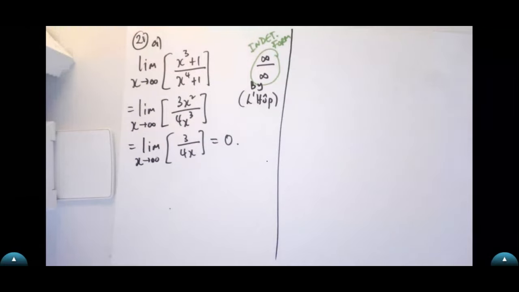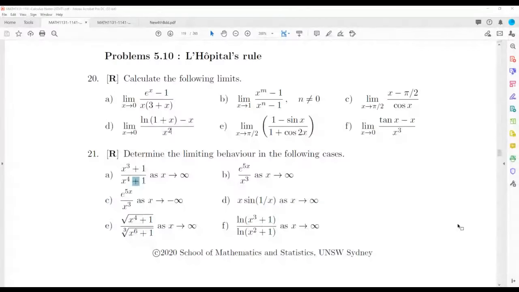Part B. Let's have a look at the next question.